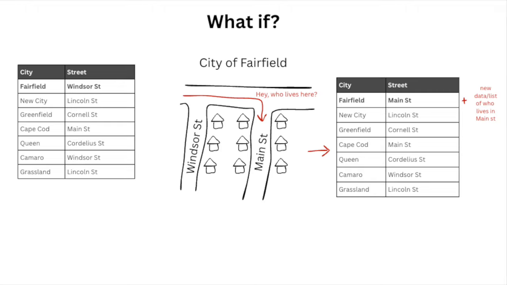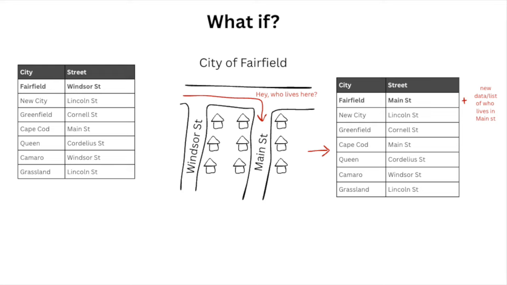This is like a cache going to memory to retrieve data. After our representative compiles all the information of our residents, he can safely head back to the information bank and replace the information of residents in Fairfield. This means we would lose all information of who lives in Windsor Street, Fairfield, but will gain the information of who lives in Main Street, Fairfield.